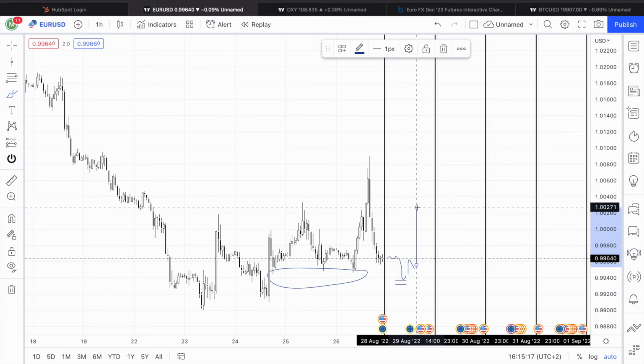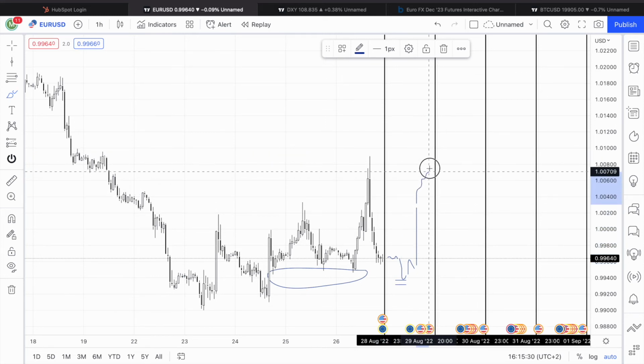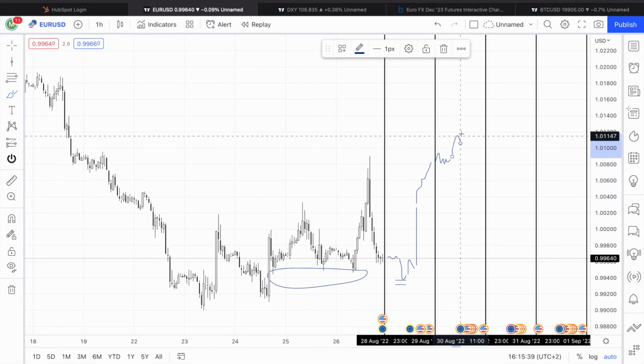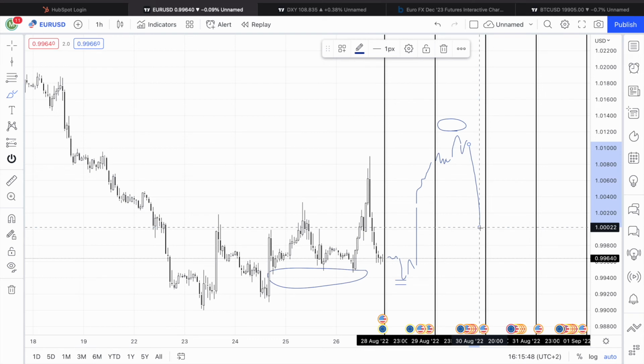And this is going to happen if on the higher time frame the market is trying to take all of those sell orders that were previously placed during the news release on Friday. This is in case of a buy model. And then we can continue this expansion and open Tuesday with some consolidation in Asian session, manipulation in London session, then slight retracement during New York session, and then expansion in the sell direction.